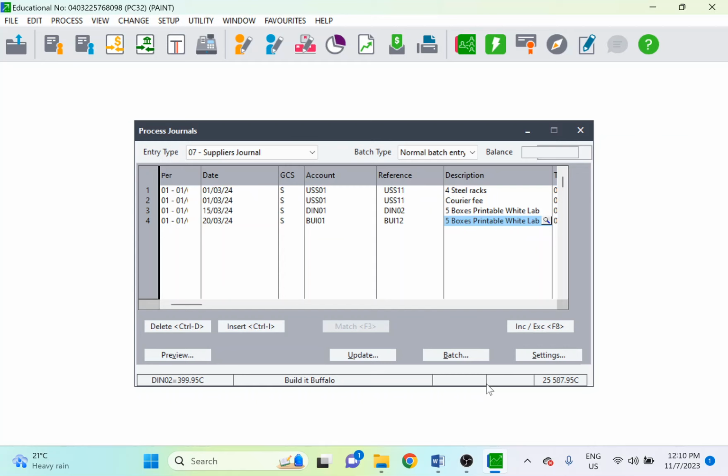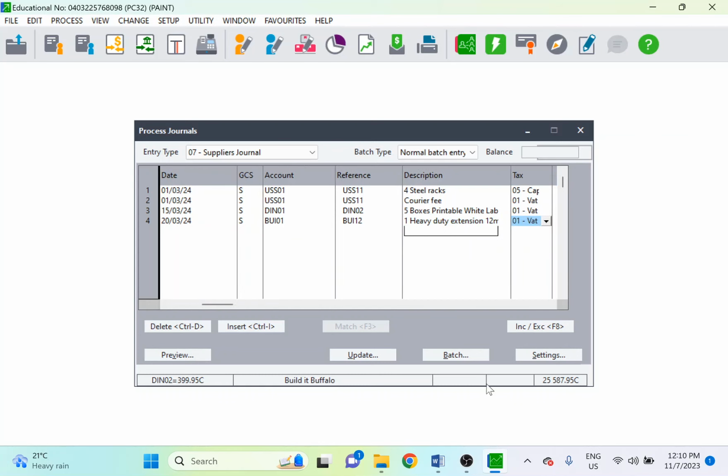Under description we have 1 heavy duty, 1 heavy duty extension, 12-meter ladder, now ladder it's furniture.